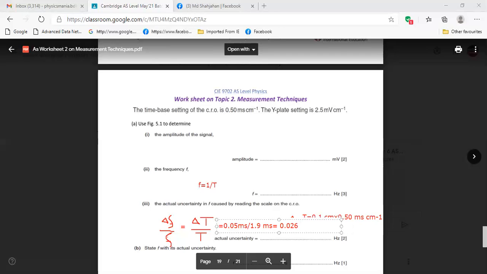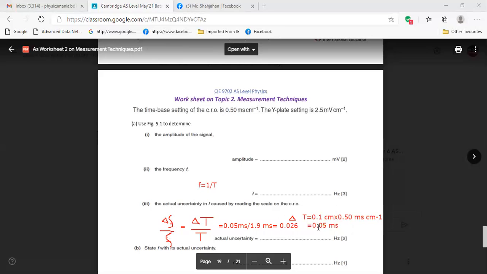Now this one is del F by F. That is fractional uncertainty, and actual uncertainty is del F, right? Yes, sir. To get the actual uncertainty, we have to multiply this value with F. F we got 526, right?